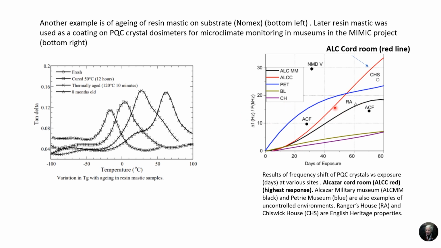So basically, again, the Alcazar, the Cord Room, uncontrolled environment, and you can see a big change, whereas something like the British Library, which is very controlled, the response is much lower.